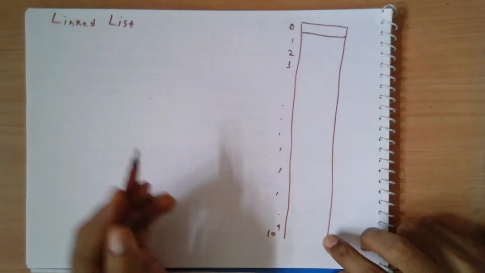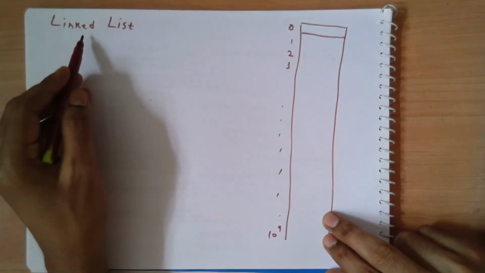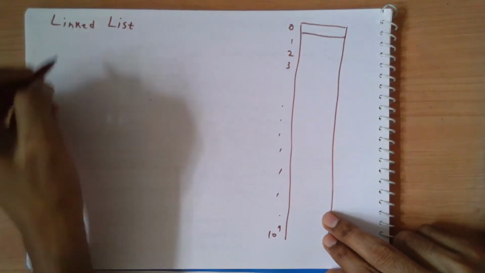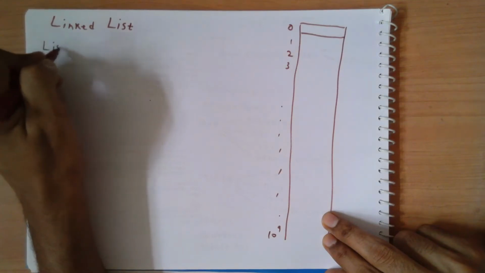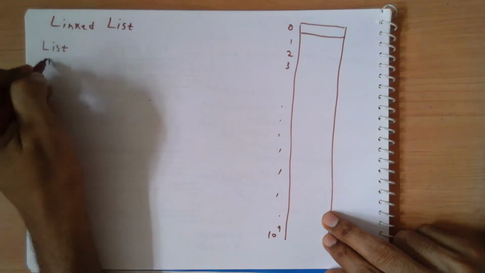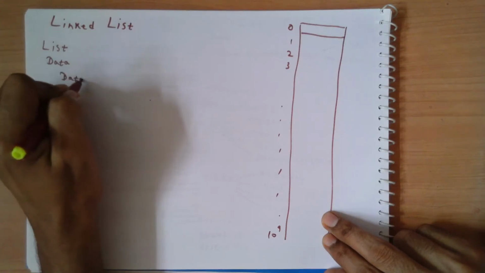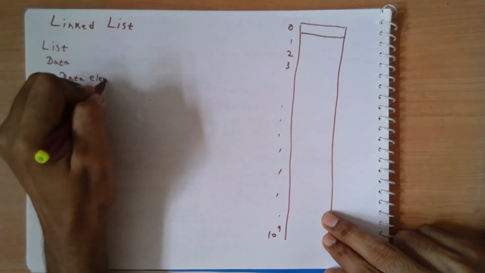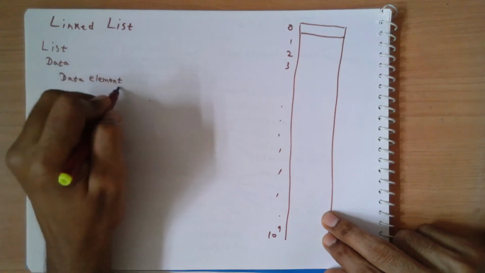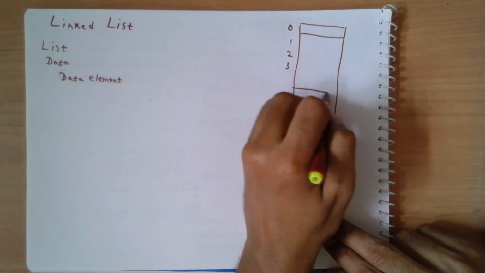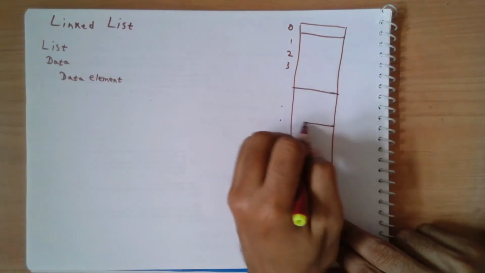So when we say that we are going to have the linked representation of the list, what is going to happen is that I have a list, okay, and within its data I'm going to have a data element, and each data element would correspond to a certain block of my memory.